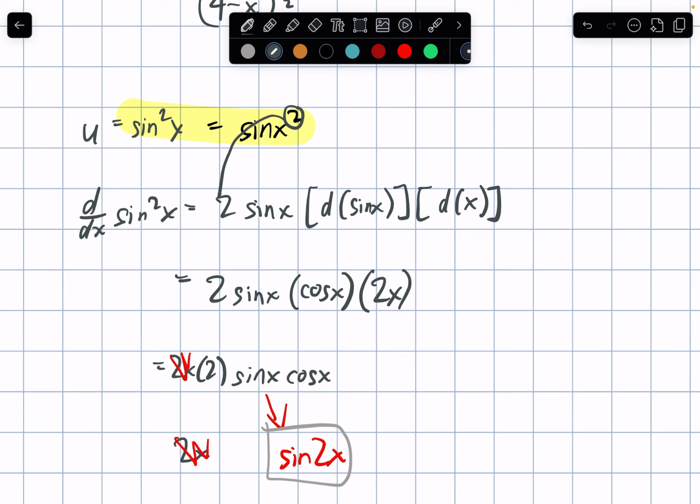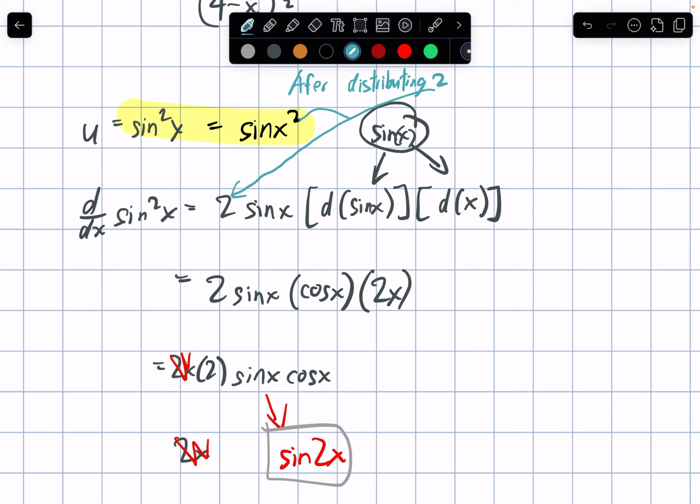Because once we bring down 2, it's gonna be sine x raised to 1. And that's what we look for the derivative of here. And the x here is the one that we're gonna find the derivative for. Yeah, okay, that's very important.